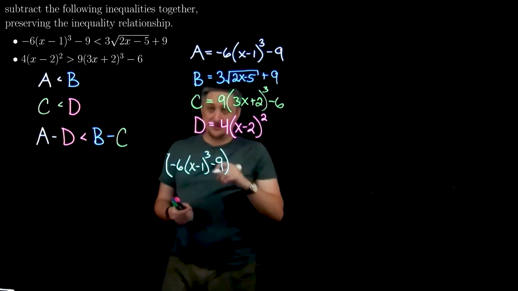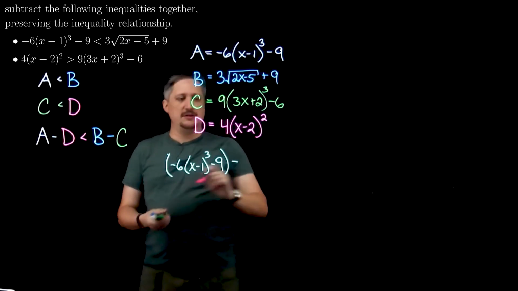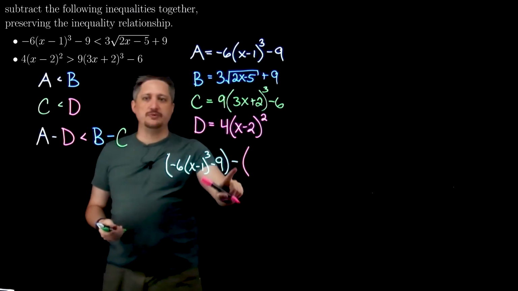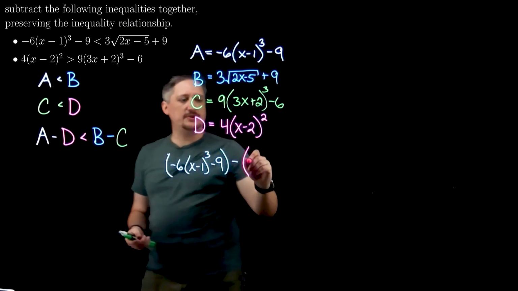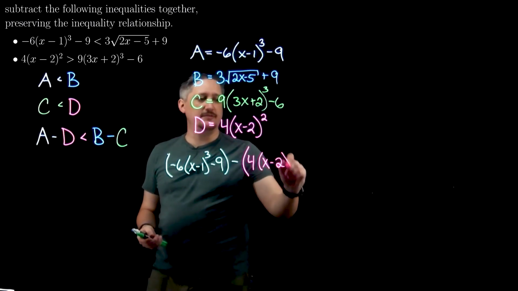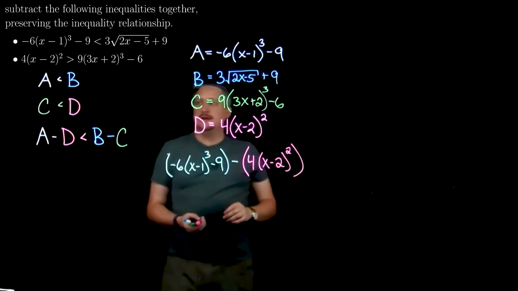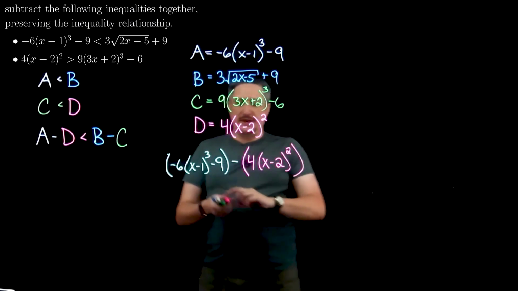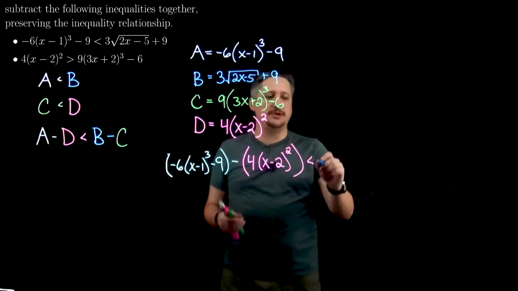And remember here that now it actually is important that I use parentheses, right? Because I'm going to end up needing to distribute the negative sign. So I have A minus D, or I should say I will potentially distribute a negative sign. It all depends on what I've actually labeled as A, B, C, and D, really. So I have that, then I'm going to have less than, and now I have B up here.